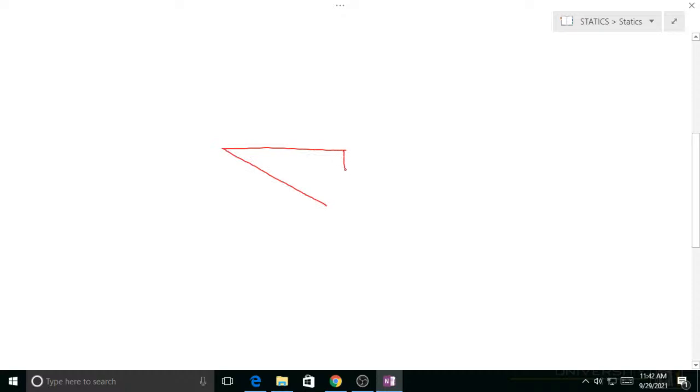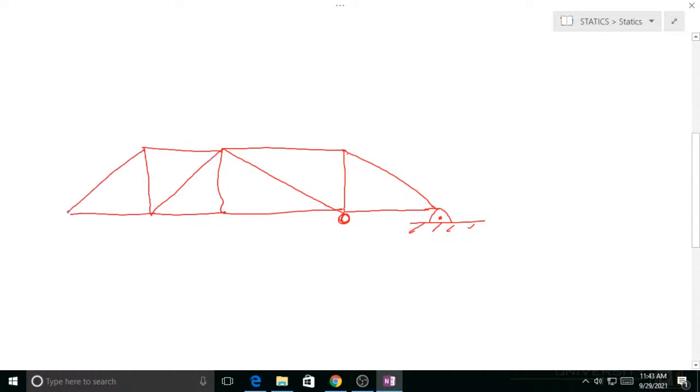Here's our truss. It's a bunch of members like this, sitting over here. And this is on a roller. And we have a bunch of things out here. Say we just went nuts and somebody loaded it, pulled it, pushed it.